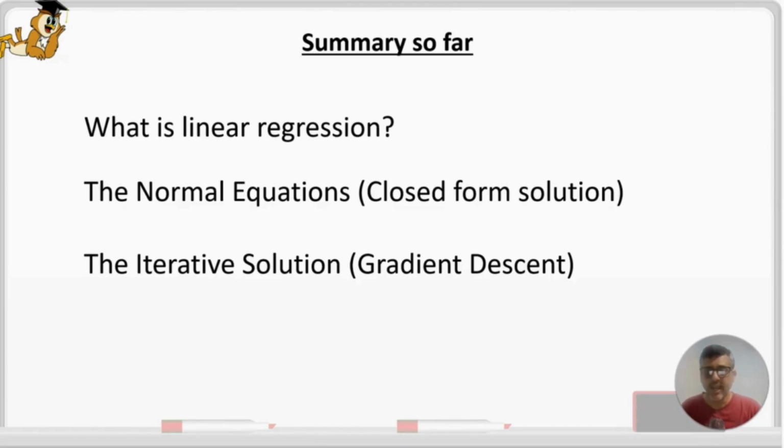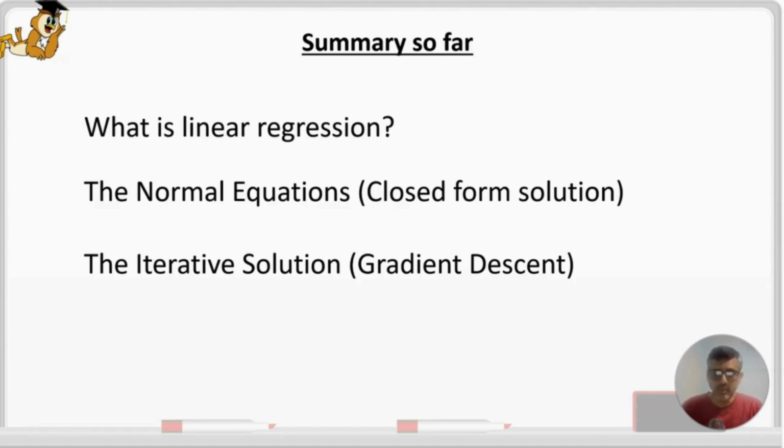And then we got busy trying to find the equation of this best hyperplane, the best weights, that is, and we had two approaches to do it. We had the normal equations, which gave us a closed form solution, and we had the iterative solution, which was a gradient descent algorithm, and we saw the trade-offs in either of these two approaches. So that is what we have done so far.